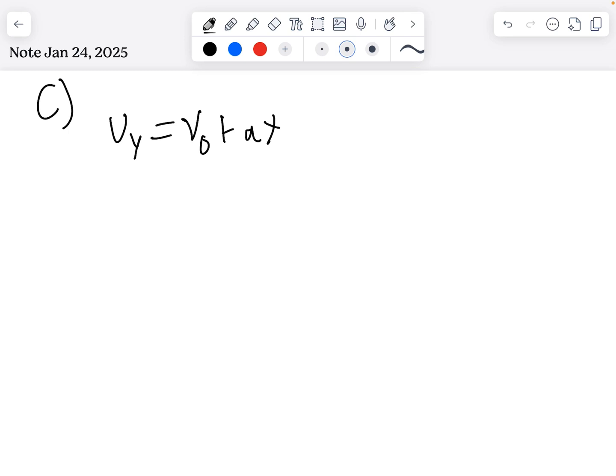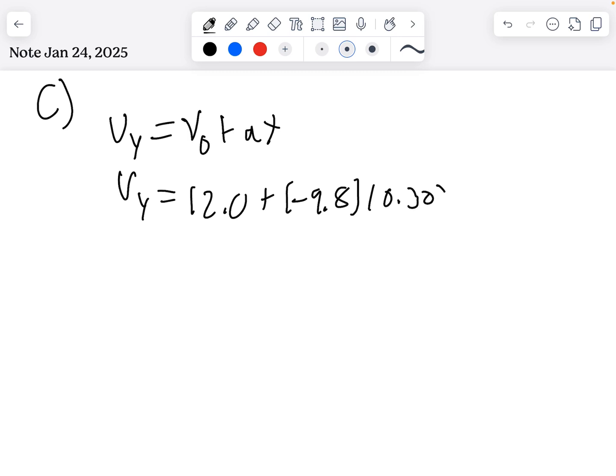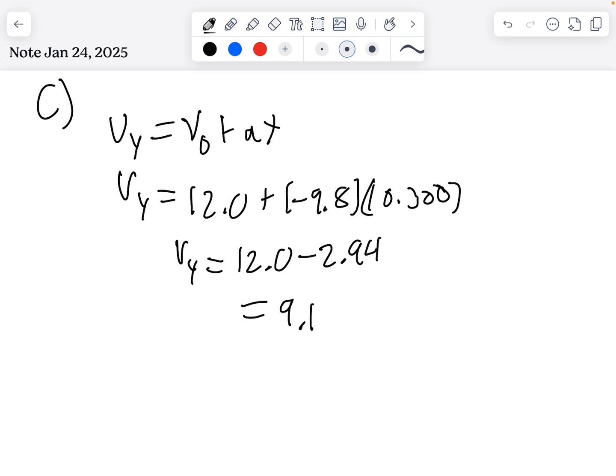We have these numbers already, so it'd be 12.0 plus negative 9.8, which is gravity, times 0.300. So that'd be 12.0 minus 2.94, and that would equal 9.1 meters per second.